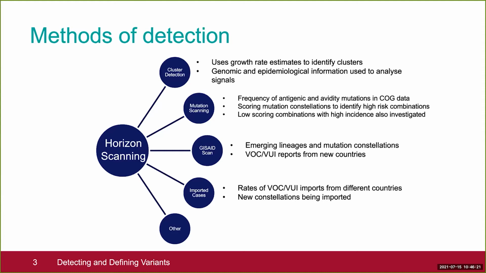There are four main arms to the horizon scanning that are routine processes. The first one is cluster detection, which uses the phylogenetic tree to identify clades and clusters and estimate their growth rates, so that we can spot things that look like they're growing faster than other things around in the region or in specific places in the UK.